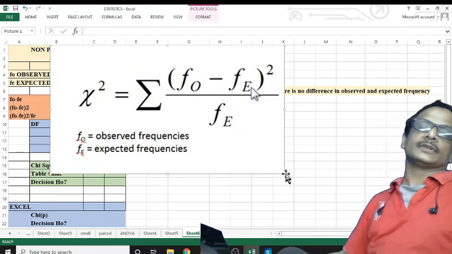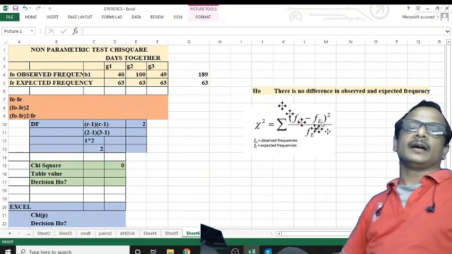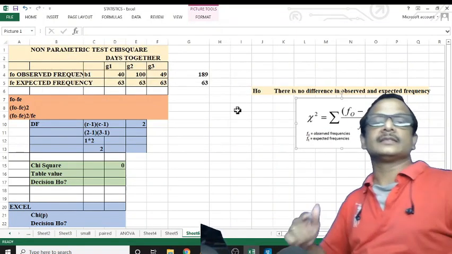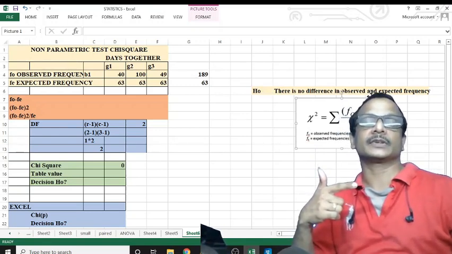This is the formula for the calculation. Then we can state the hypothesis: there is no difference in observed and expected frequency.